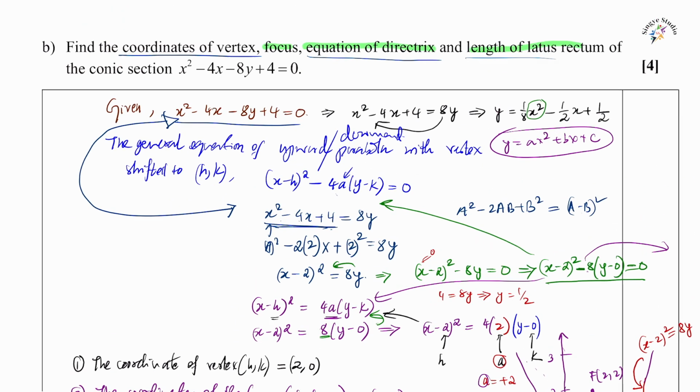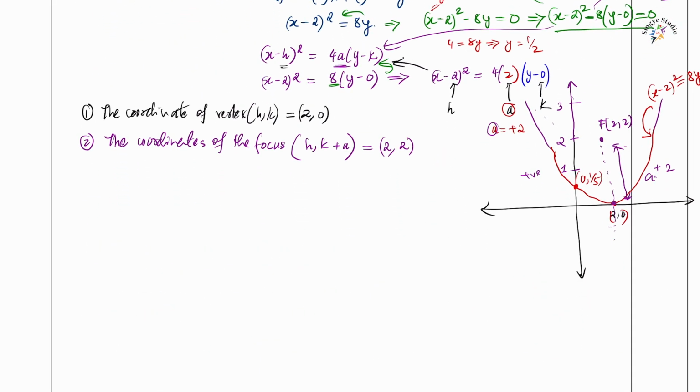Now our third one is the equation of the directrix. If you draw this line passing through the focus and touching the curve here, and call the points A and B, this line AB is known as the latus rectum of the parabola.